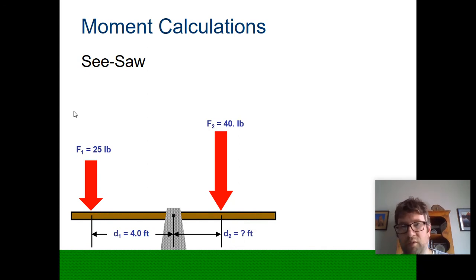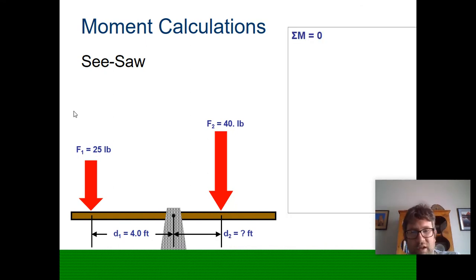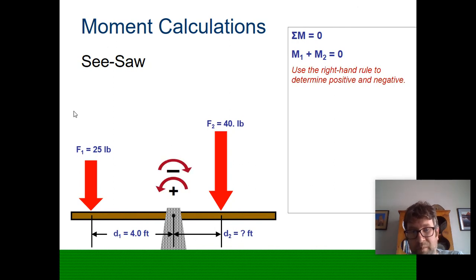Sorry if I'm looking away, I'm writing off to the side here. And then on the other side, we have D2, which we don't know, times 40. So that becomes just a combine and multiply. So moment 1 plus moment 2 has to equal 0 if it's in equilibrium.